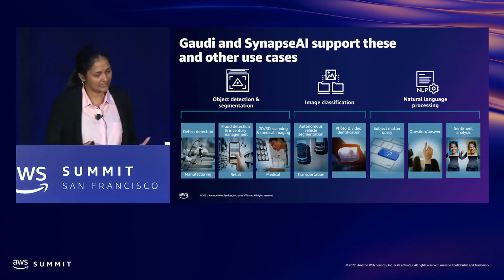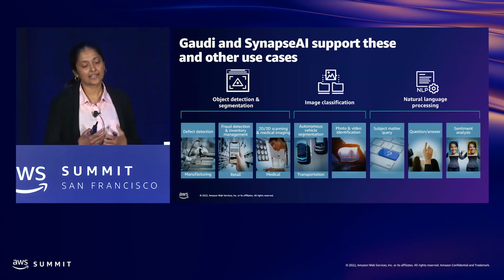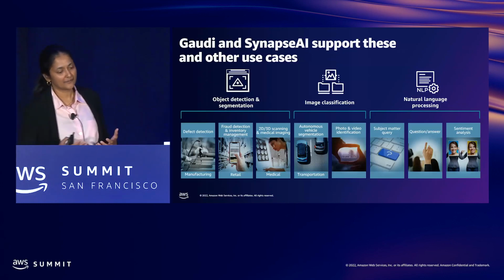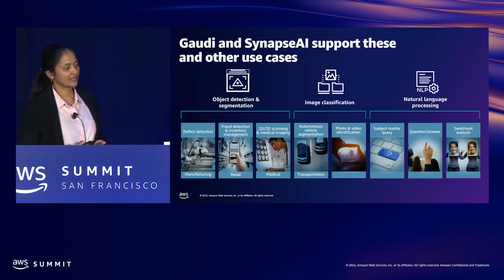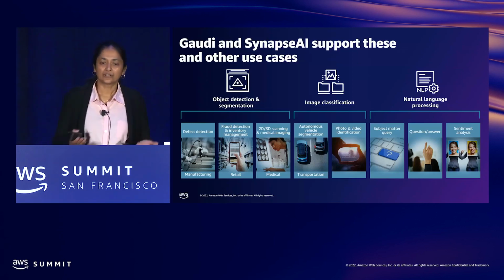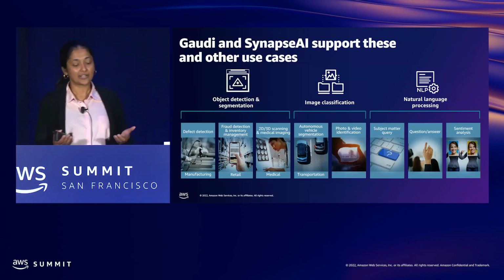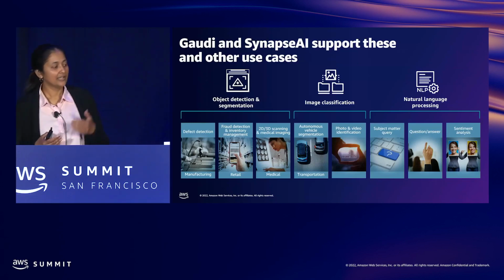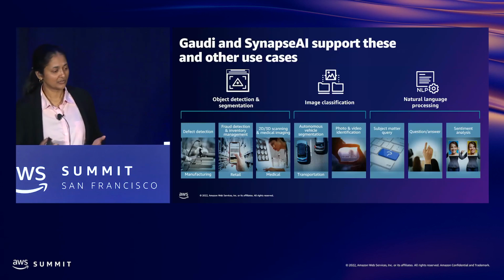We have obviously 2D and 3D medical imaging use cases where it's accelerating patient outcomes in the healthcare space. We have use cases in the retail space where they're accelerating inventory management and checkout with Gaudi. We have obviously in the autonomous space, 2D and 3D object detection as part of mobility solutions.